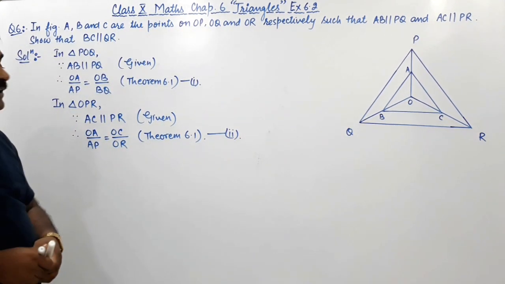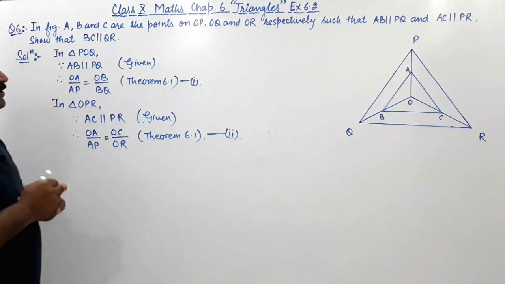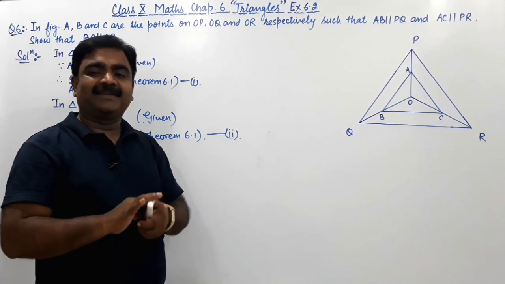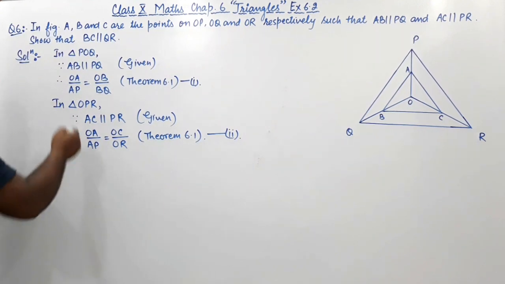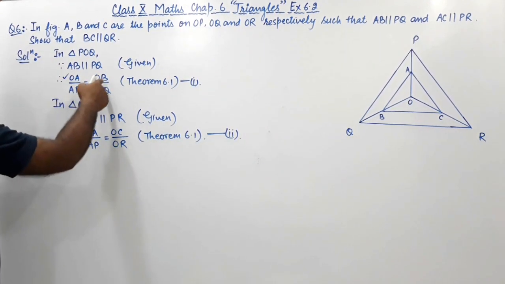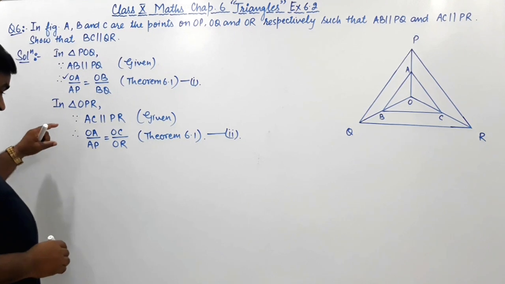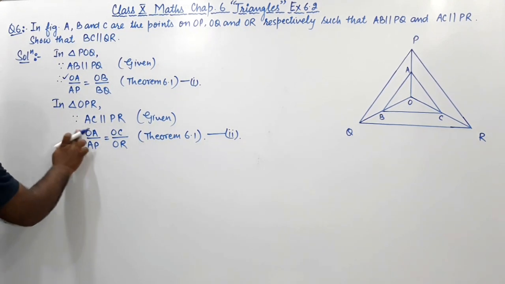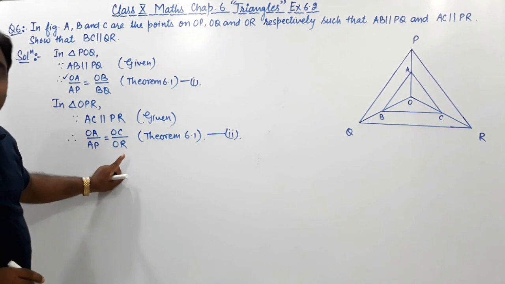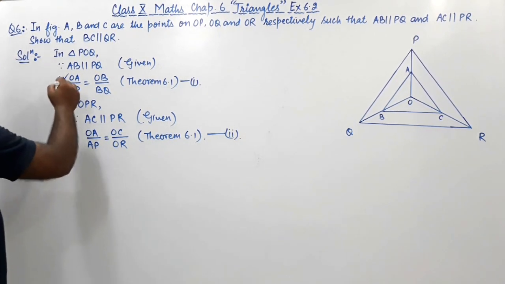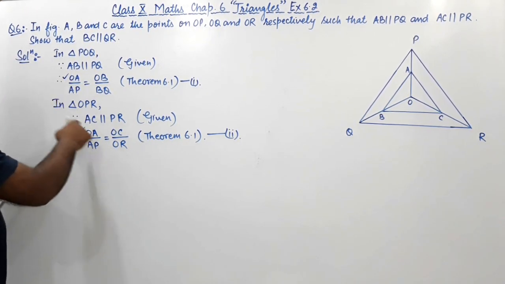Now you just compare these two equations. दोनों equations को compare करते हैं, right? Here OA upon AP equals OB upon BQ. In the second equation also, OA upon AP is equal to OC upon OR. It means this part is equal in both equations.